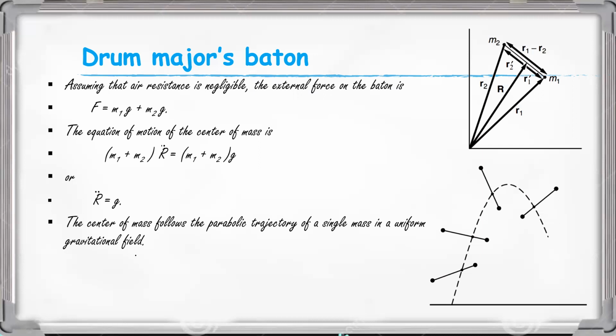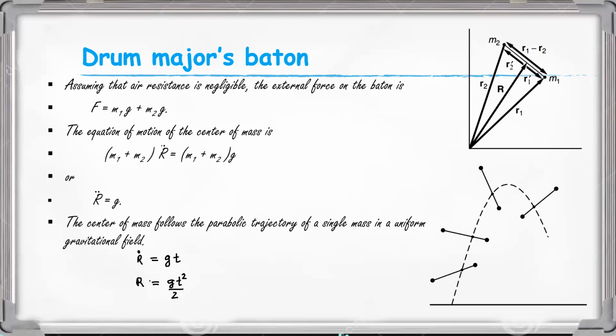Integrating this once, we will get R dot equal to GT, and integrating once more, we will get R equal to GT square divided by 2.